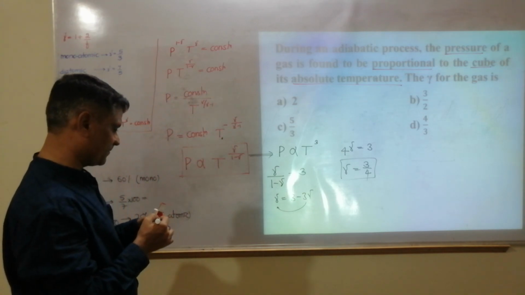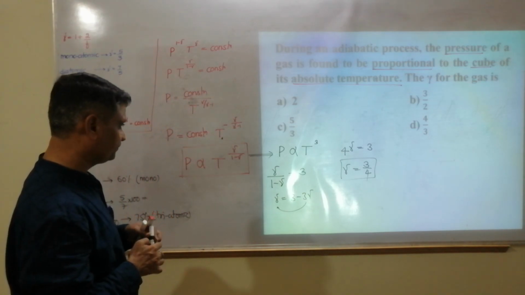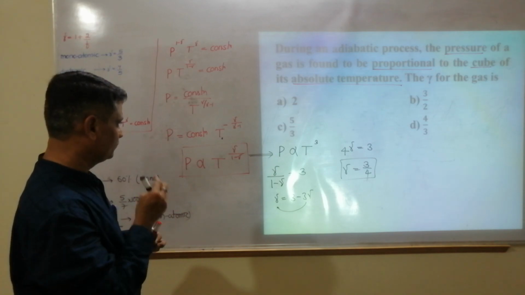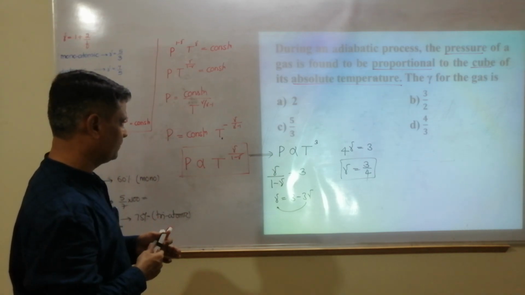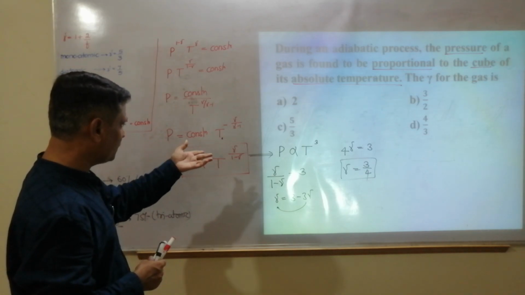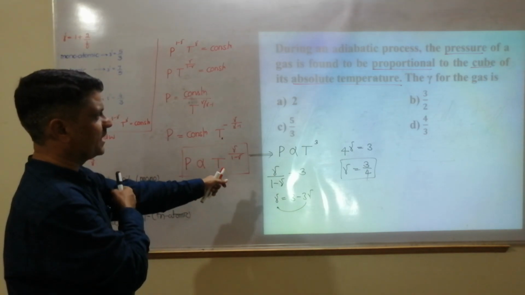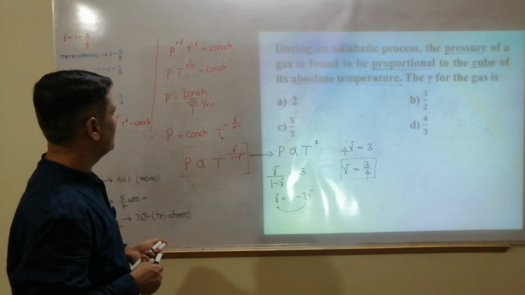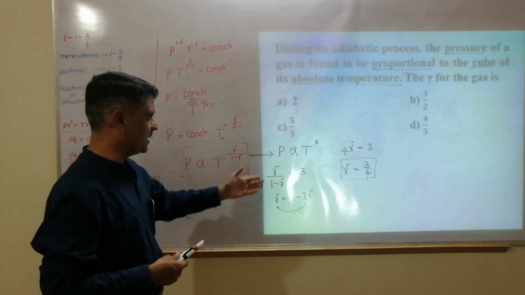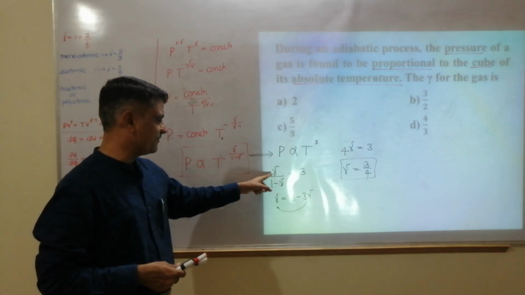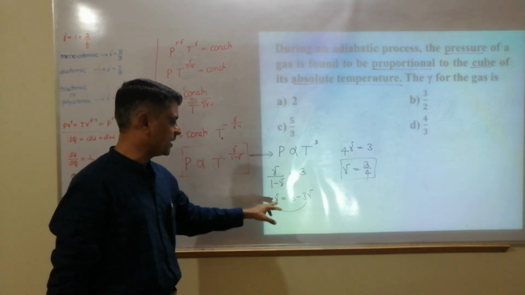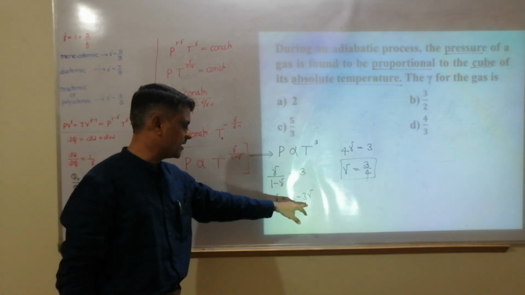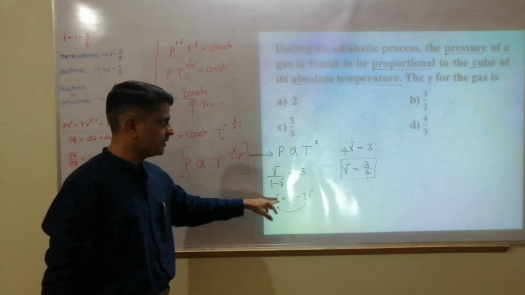One second, somewhere we are wrong here. Right, 1 minus gamma. Check it once again, we'll get the correct relation. Right? See, substitute, if you get here gamma by 1 minus gamma is equal to 3, 3 minus 3 gamma, if it comes 4 gamma, it's 4 by 3.